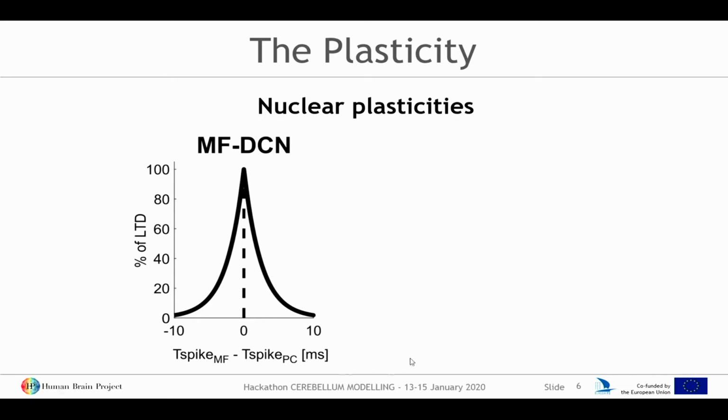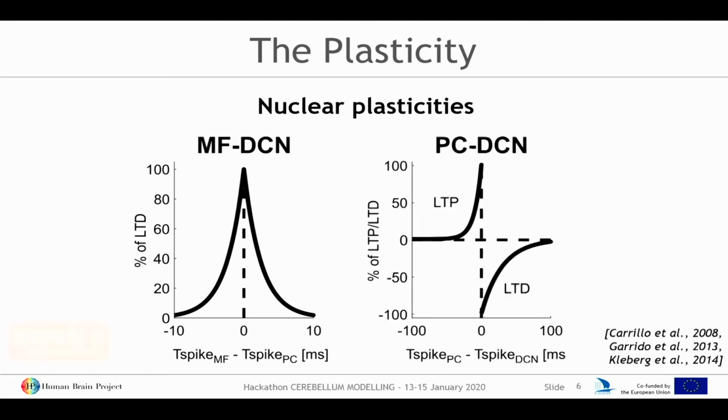So you can see that this window is -10, +10 milliseconds. So if we have a very close spiking of mossy fibers and Purkinje cell, then we have a depression of this plasticity, while also in this case we have a potentiation every time a mossy fiber emits a spike.